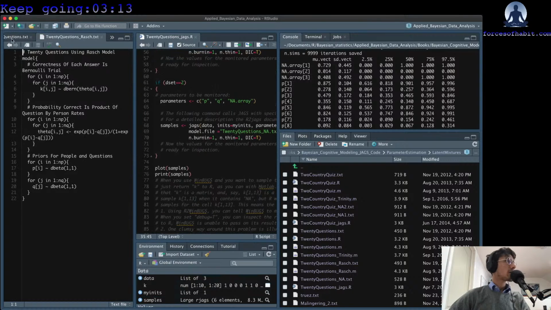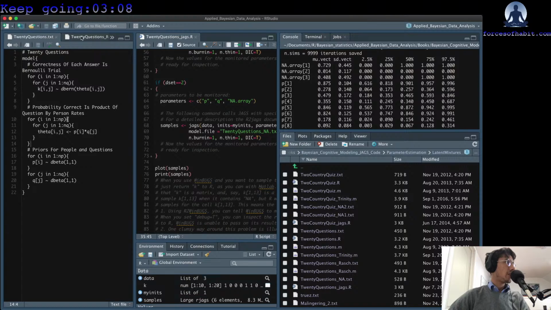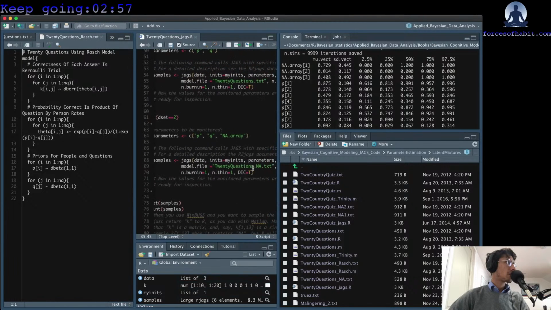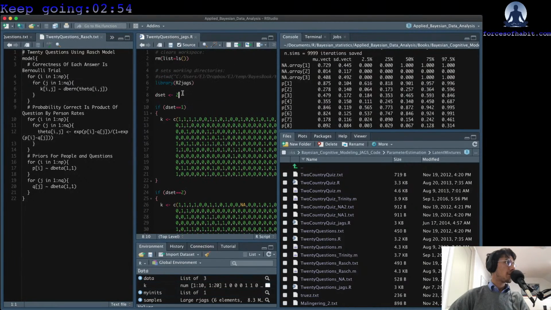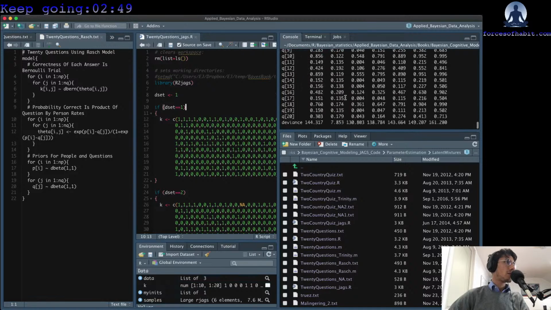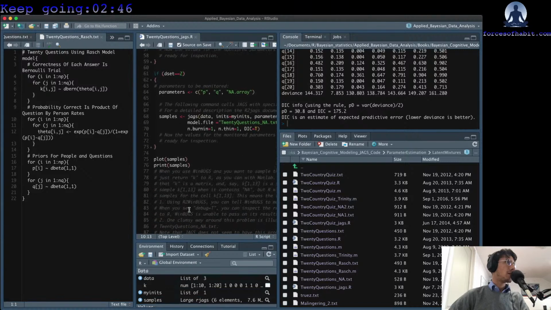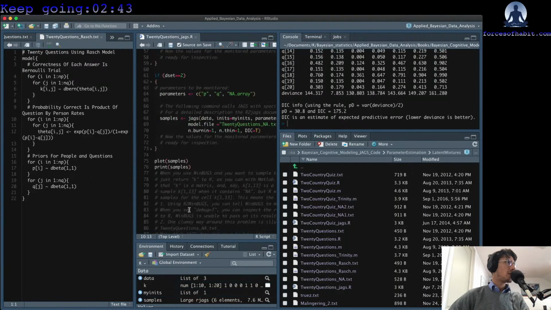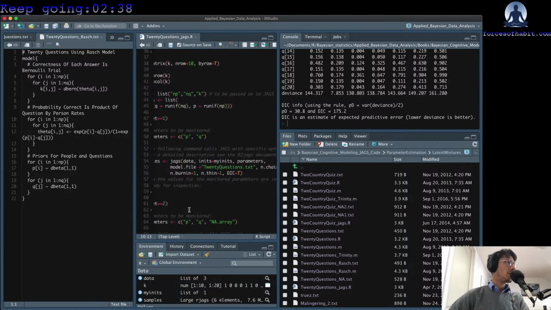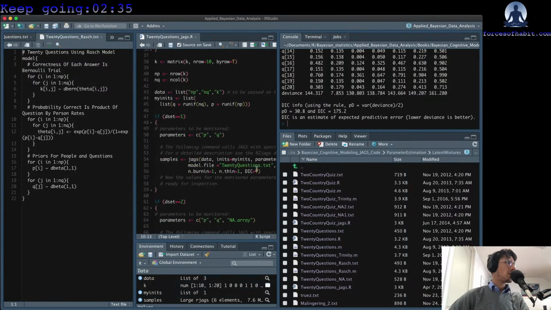So with respect here, all we're doing is changing our definition of it. So let's go back to using dataset 1. And now all we need to do is change this.